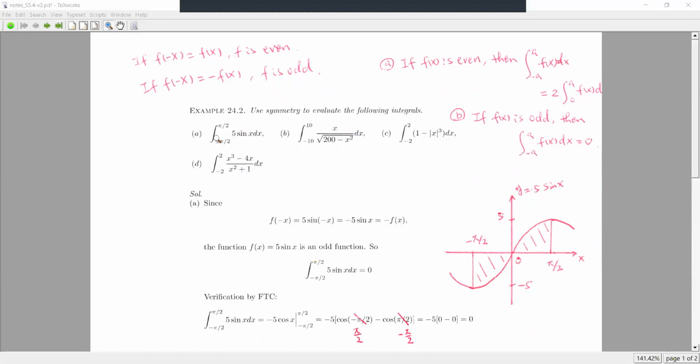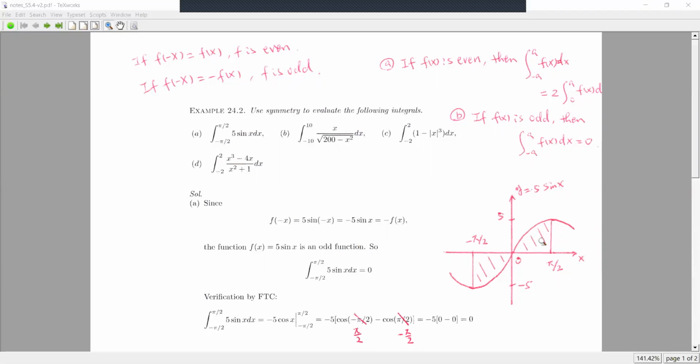Now, this integral is the net area of the region between the graph of the function and the x-axis and between negative pi over 2 and positive pi over 2. The region is the shaded region here.